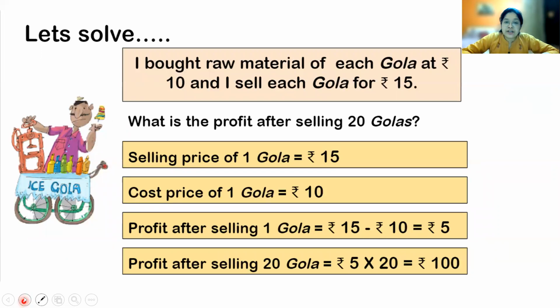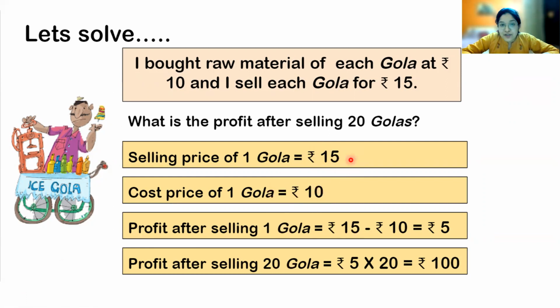Okay, so to find out the profit after selling 20 golas, let us understand that the question is not about 10 golas, it's about 20 golas. So we will find out the profit on selling just one gola, which is the selling price of one gola, rupees 15, minus the cost price of one gola, rupees 10.